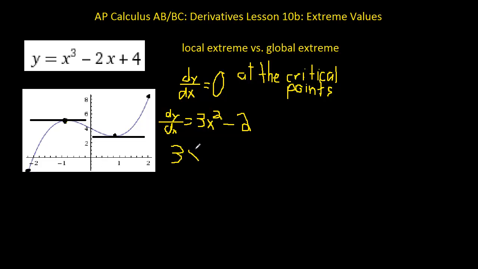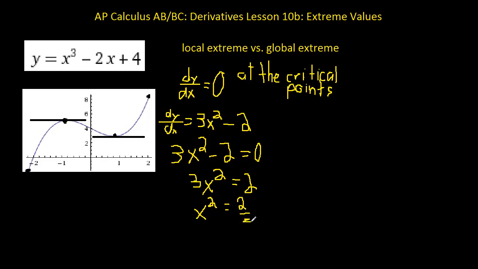So this means we'll go 3x squared minus 2 equals 0. Doing some algebra, we move the 2 over, get 3x squared equals 2. x squared equals 2/3. And then finally, x equals the square root of 2/3.